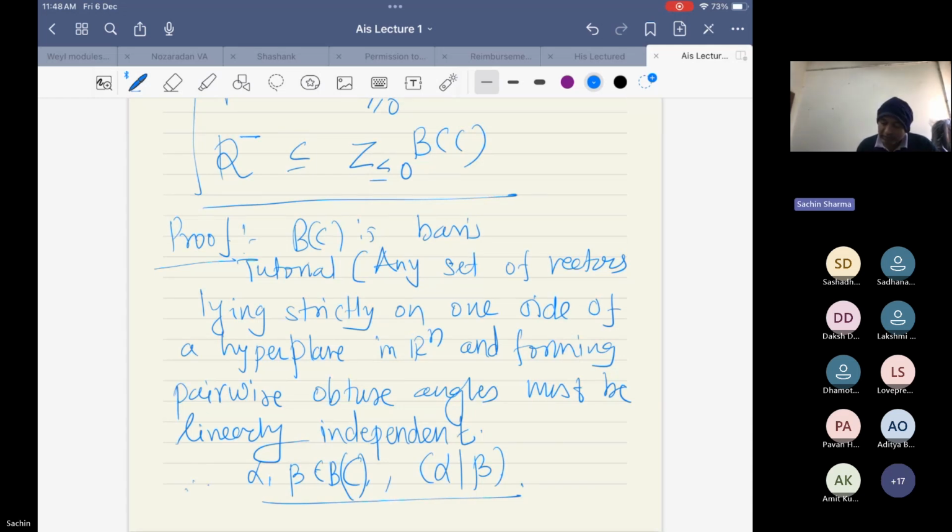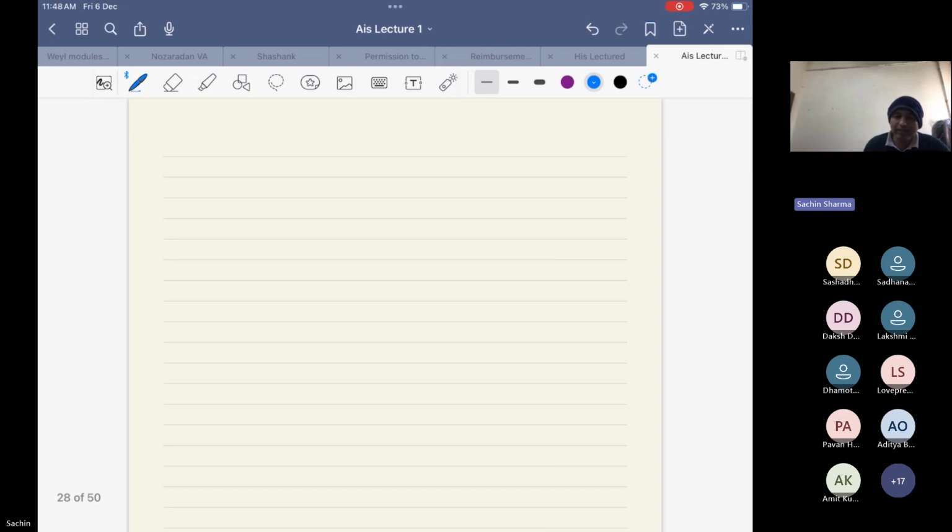And suppose this inner product is greater than 0. What does our last result say? Alpha minus beta is a root. Then what does it imply?